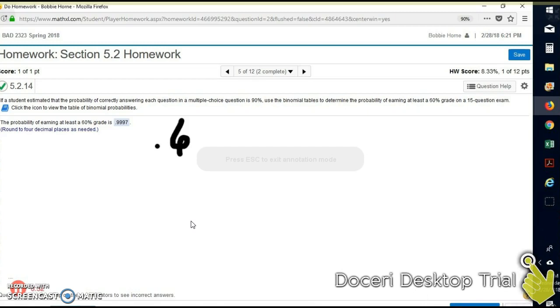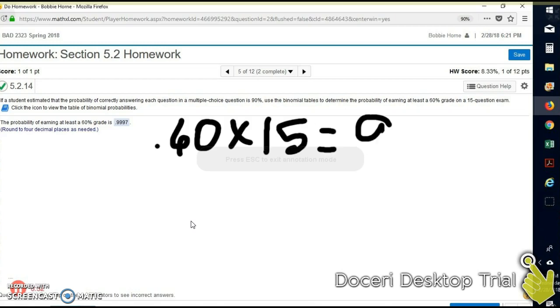So 0.60 times 15 questions means we would get at least 9 of them right. So we want to find the probability that x equals 9 or greater. So you could get 9 or more problems right to get at least a 60.